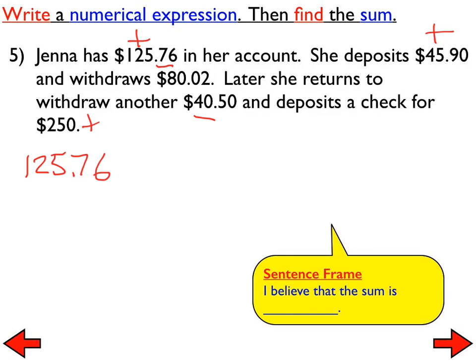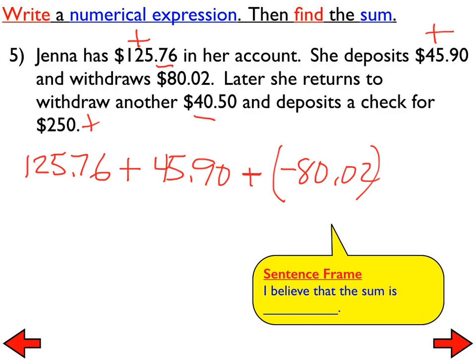All right, so if we sort of wrote this out, we'd have $125.76. That's a positive. And then $45.90. That's a positive. And then withdraws, and if we want to, we could put plus negative $80.02. And then withdraws another negative $40.50. And I'm kind of out of room here, but then it would be plus 250.